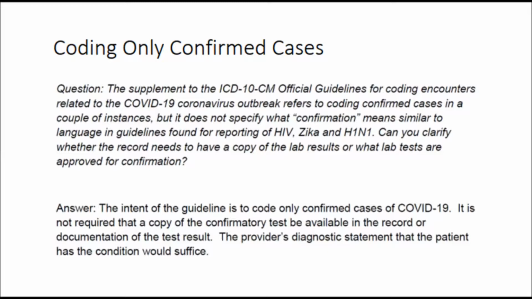Can you clarify whether the record needs to have a copy of the lab results or what lab tests are approved for confirmation? Answer: the intent of the guideline is to code only confirmed cases of COVID-19. It is not required that a copy of the confirmatory test be available in the record or documentation of the test result. The provider's diagnostic statement that the patient has the condition would suffice.